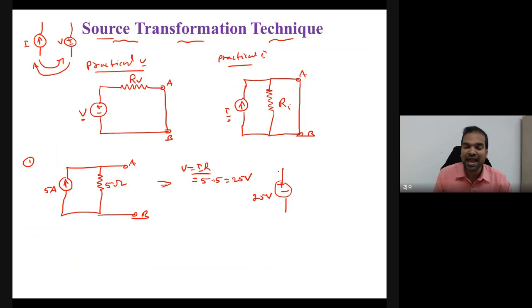Now you need the resistance value. The resistance should be connected in series with this voltage source. Whatever resistance we are using, the same resistance you have to connect in series with the ideal voltage source. This is A and B, and this is a 5 ohm resistor. This is the conversion of a current source to a voltage source.